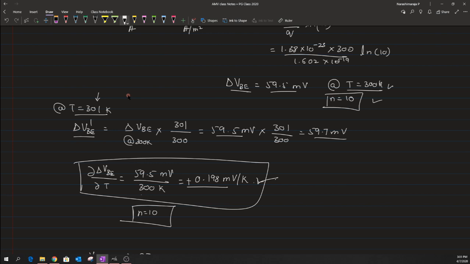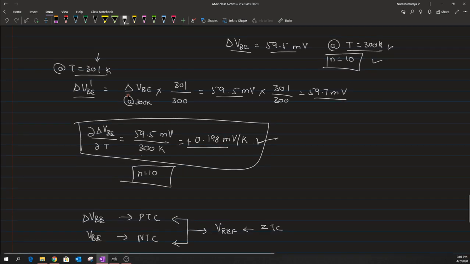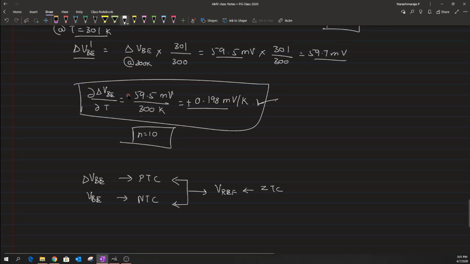So, and later we just start looking at delta VBE with respect to T, which represents the positive temperature coefficient of value 0.198 millivolt. Okay.